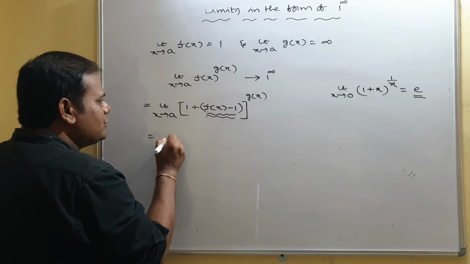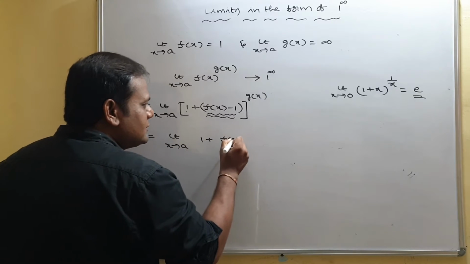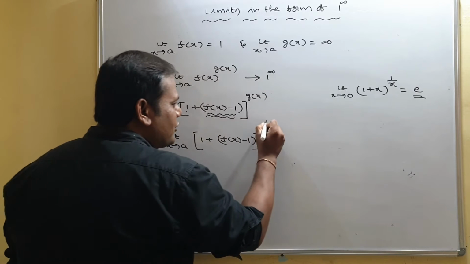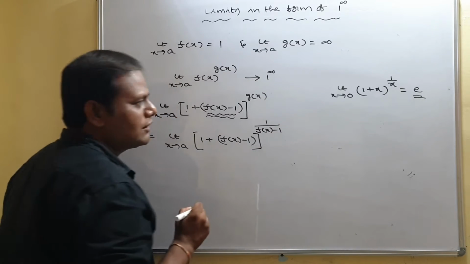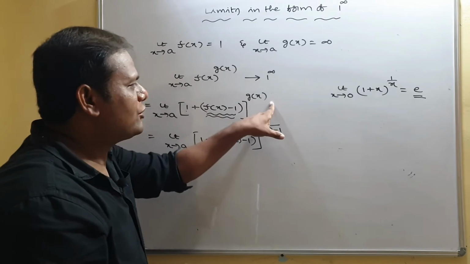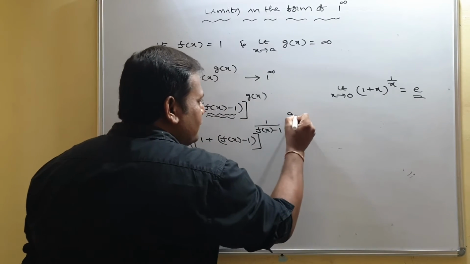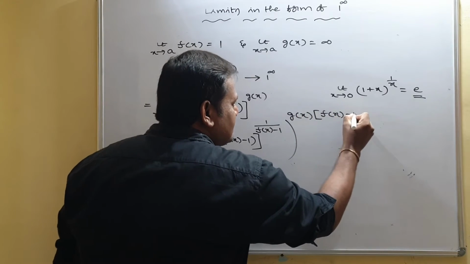So I am going to take it as limit x tends to a of 1 plus f of x minus 1, with the power 1 by f of x minus 1. But here we have the power g of x. So the power we take is g of x into f of x minus 1.